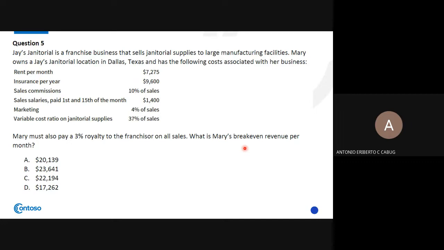Ayan. So the correct answer is, check natin ha. The break-even point in sales revenue is the total fixed cost, this time because this is sales revenue, divided by CMR, contribution margin ratio. So the total fixed cost includes 7,275.